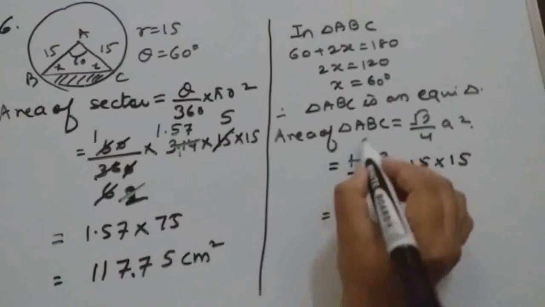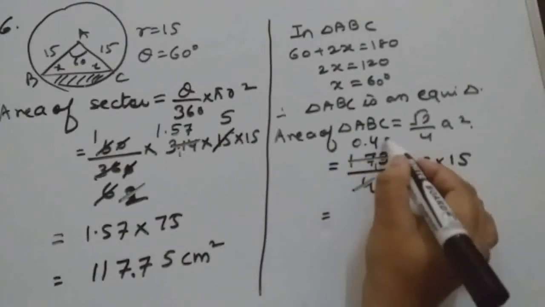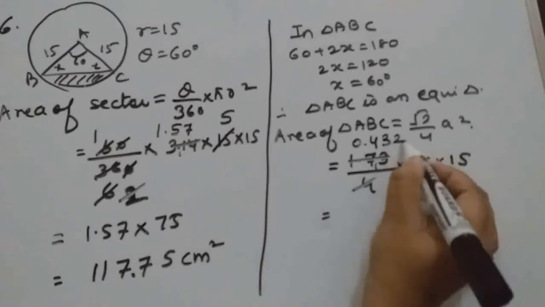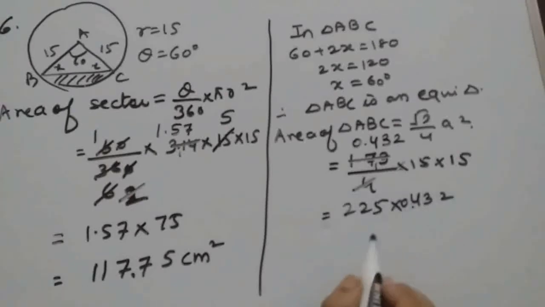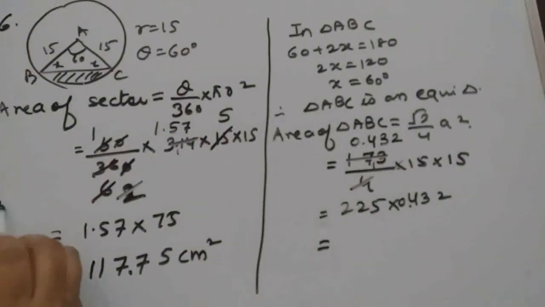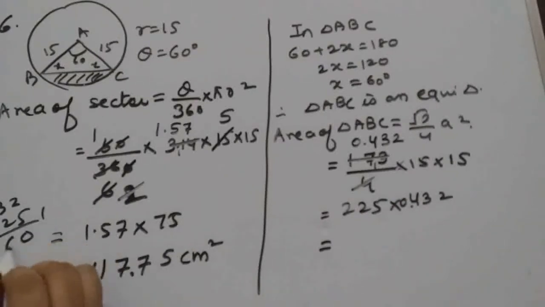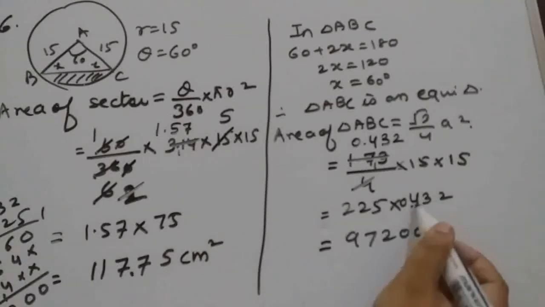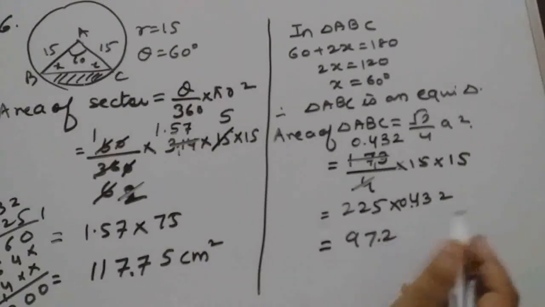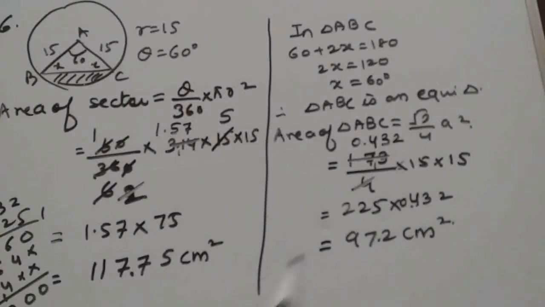So from 4 we can cancel, 4 4s are 16, 4 3s are 12, 1 will remain, 4 2s are 8. So 225 into 0.433 we can multiply. So after 3-digit decimal, it will come only 97.2 centimeter square. So this is area of triangle.